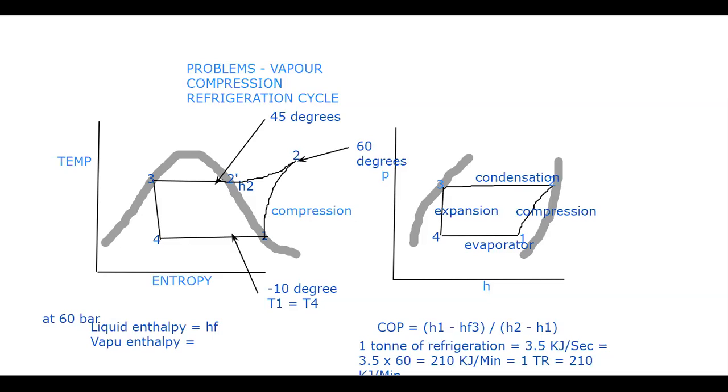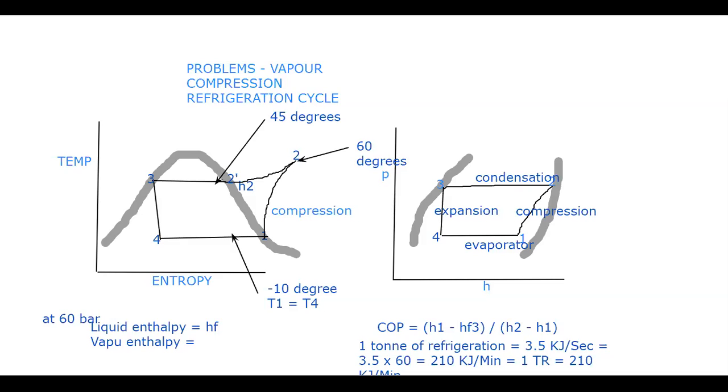What is H1? H1 means here at minus 10 degrees, what is the vapor enthalpy. And H2 dash is 483. H2 is at 0.45. And HF3 is 133.